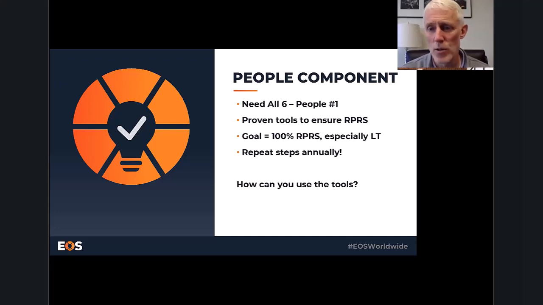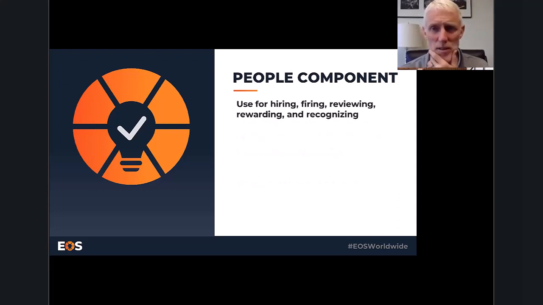So how do we use these tools in a practical sense? Much like with our core values, these can be used for hiring, firing, reviewing, rewarding, and recognizing our folks.